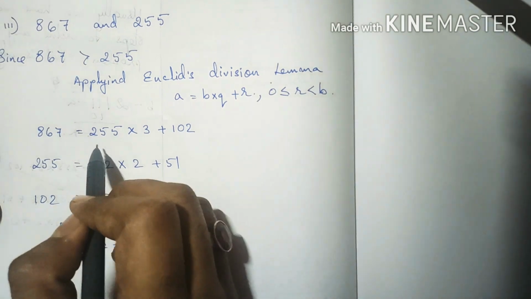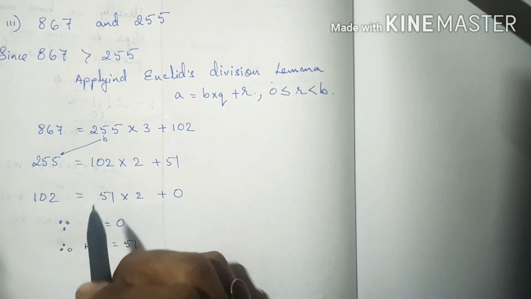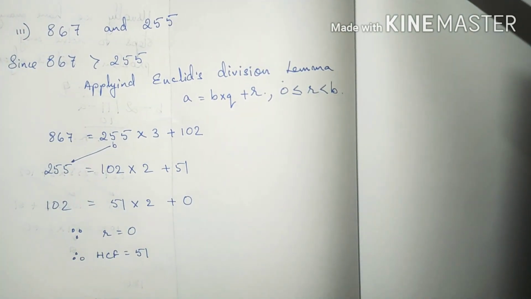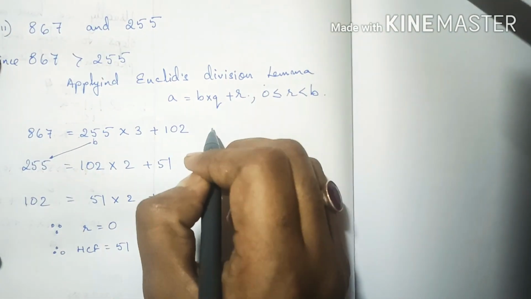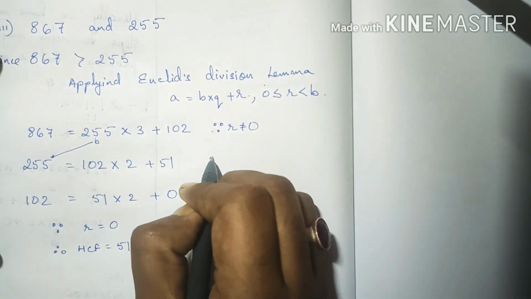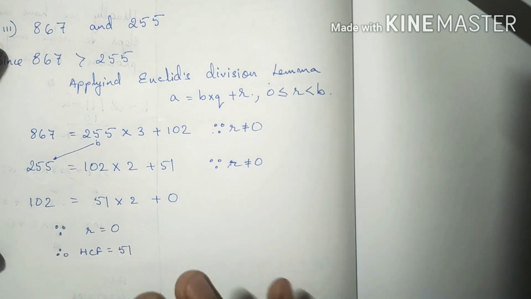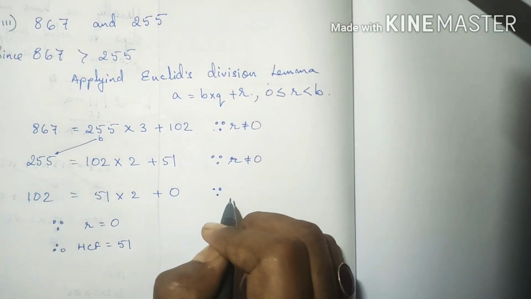As I have already explained, this B will become the A for the next step. I'm making these arrows, but you don't have to make these arrows, obviously. This is the proper way of doing this question. You have to write here, since R is not equal to 0. This part is not that important, but of course it looks good that the child understands why we are going on and on.